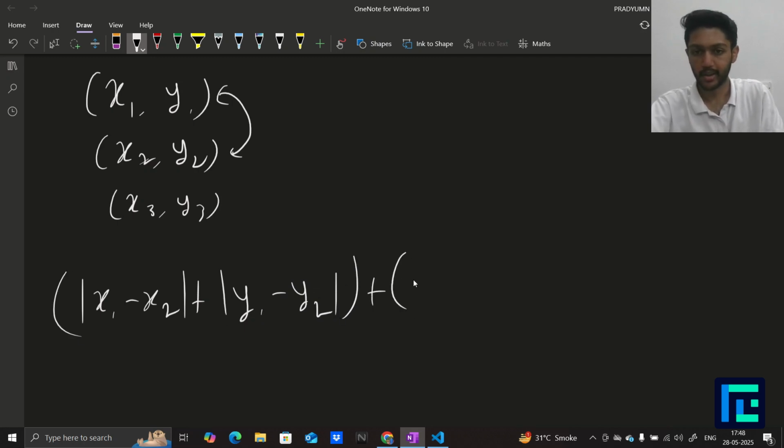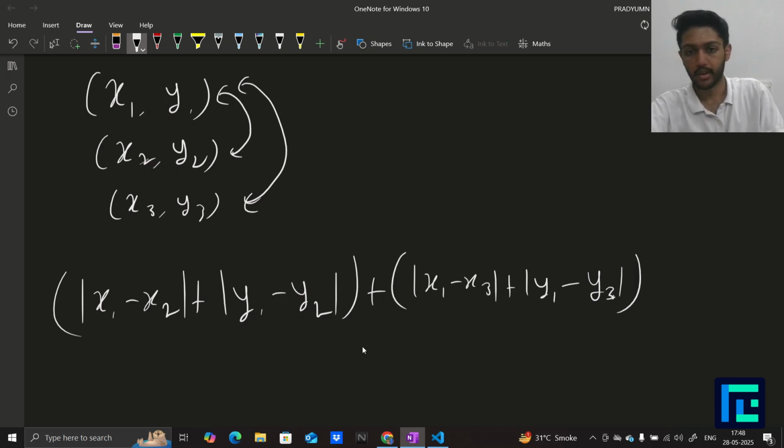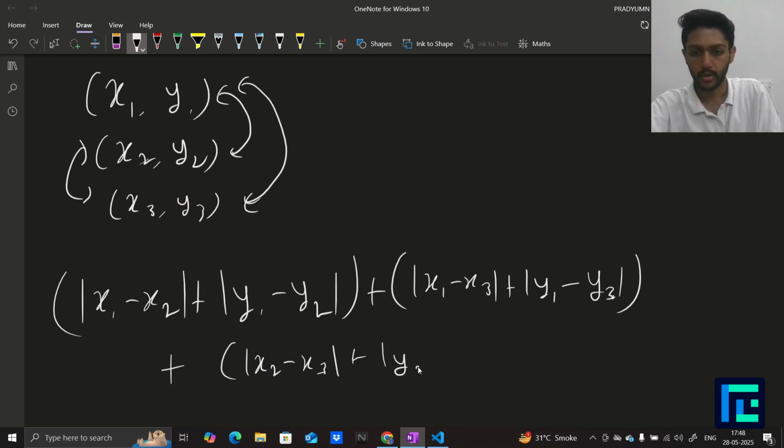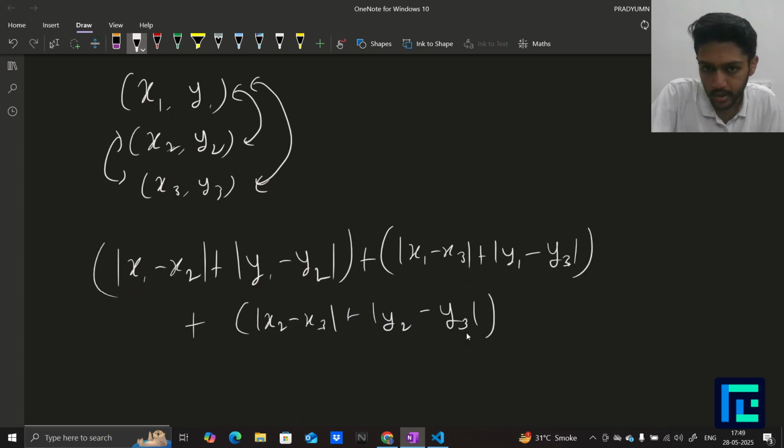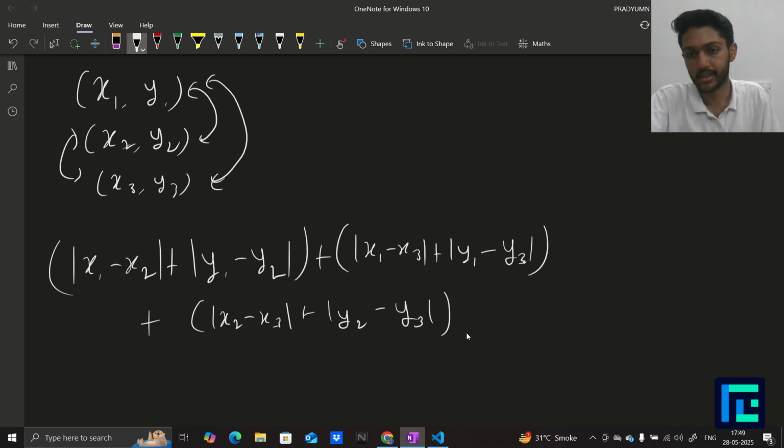Then for the second pair, let's say you take this pair. You have mod of x1 minus x3 plus mod of y1 minus y3, right? And then for the third pair, you will write mod of x2 minus x3 plus mod of y2 minus y3. Okay. So now actually you can rewrite this as something else.